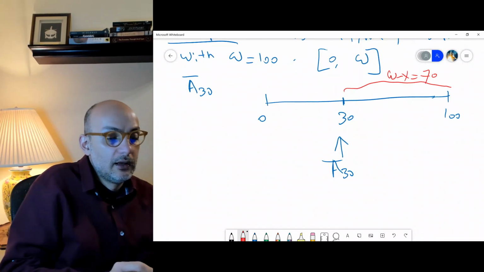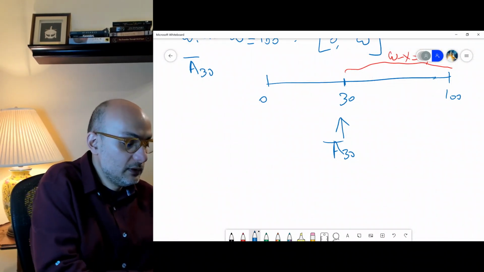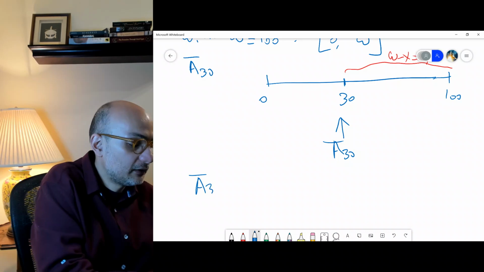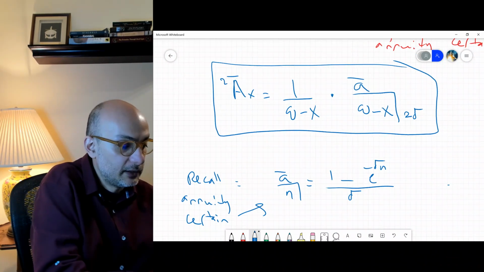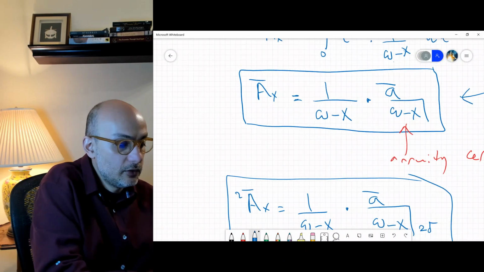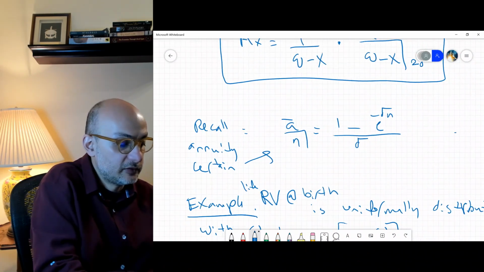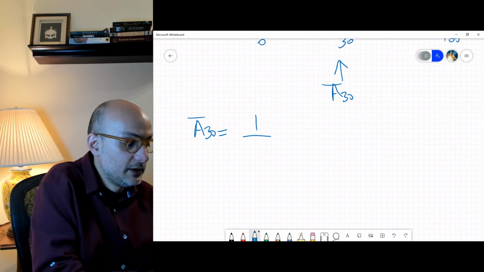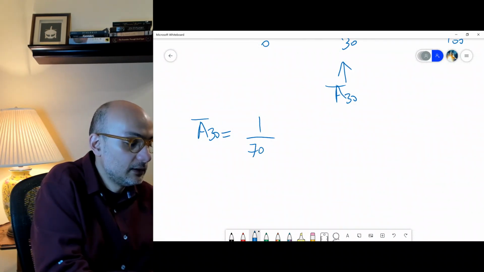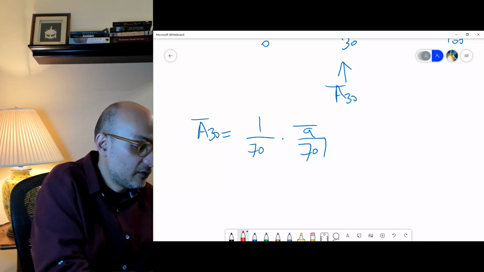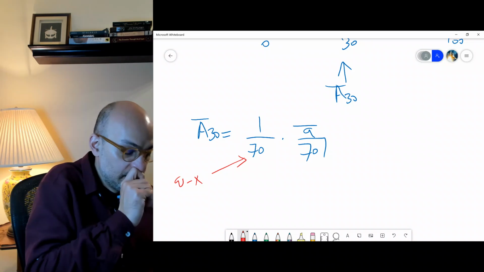And now it's easy. If we go back to this formula, A bar 30 is 1 over omega minus x, which is 70, multiplied by annuity certain a 70. And what is the 70 here? Just to remind you, it's omega minus x.